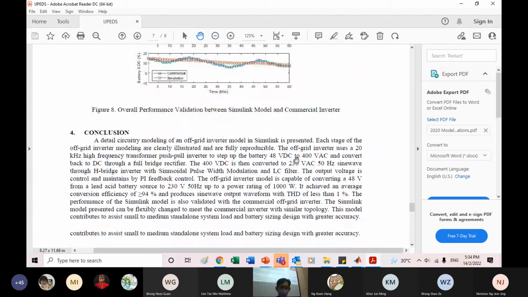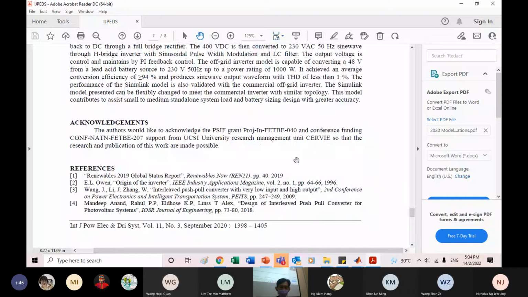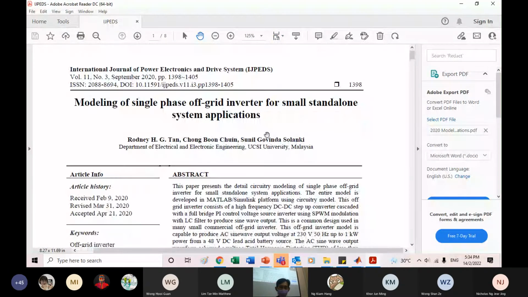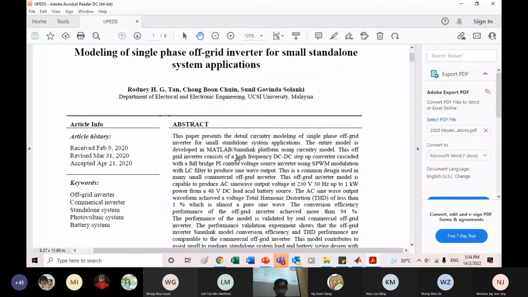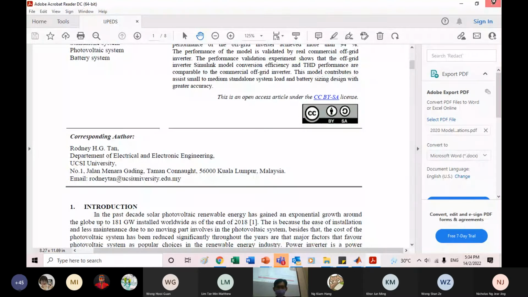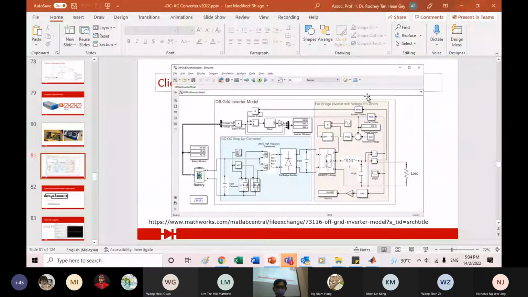So it's very good. I'm not sure if you know this student, Chong Bun Chuan. So this is part of it. You can download this model and play around if you want to learn more about this inverter.